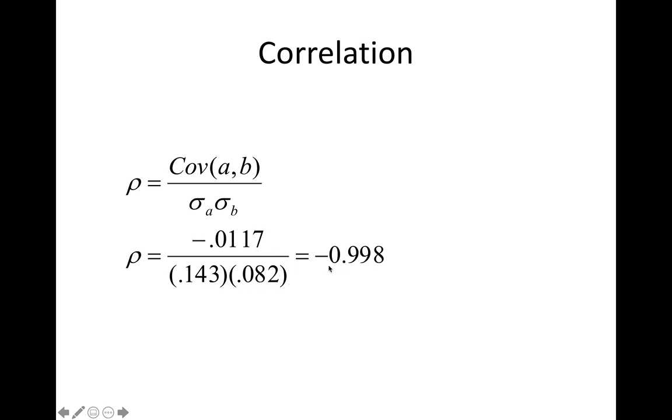And we end up with a negative 0.998. What it means is that for every positive or negative movement of 1 in one of the assets, the other would also change in the opposite direction by 0.998. This is almost a perfect negative correlation.